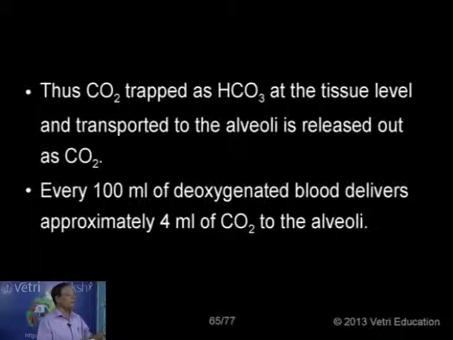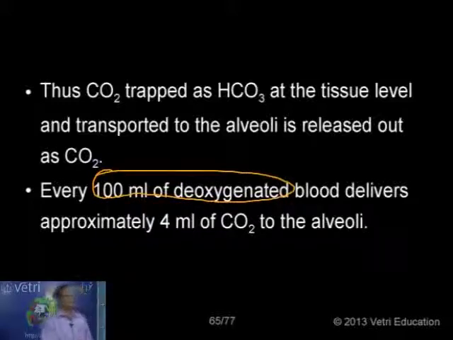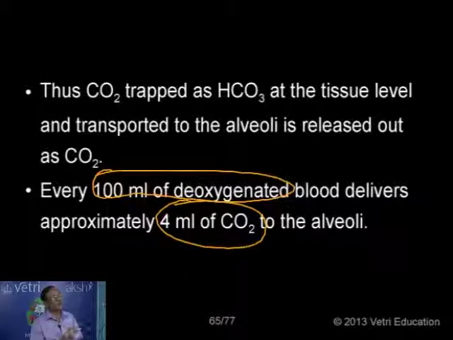In the same manner here also, every 100 ml of deoxygenated blood delivers only 4 ml of carbon dioxide to the alveolus. So every 100 ml of oxygenated blood delivers 5 ml of oxygen to the tissues. Here, every 100 ml of deoxygenated blood delivers 4 ml of carbon dioxide to the alveolus, primarily the expeller. So remember these values.